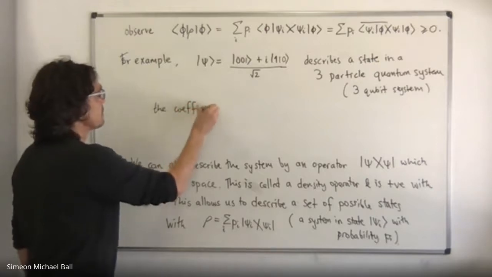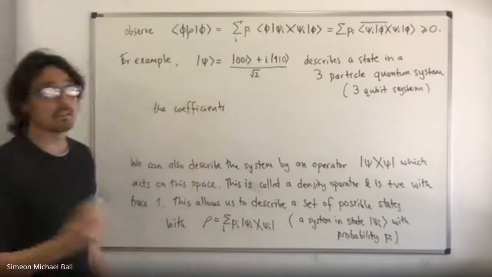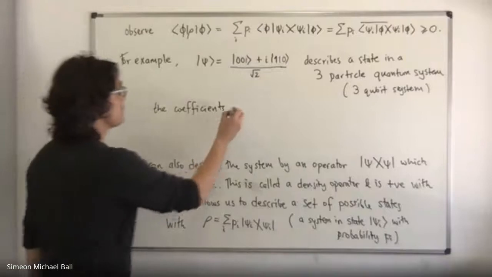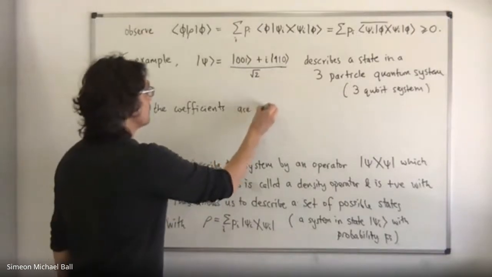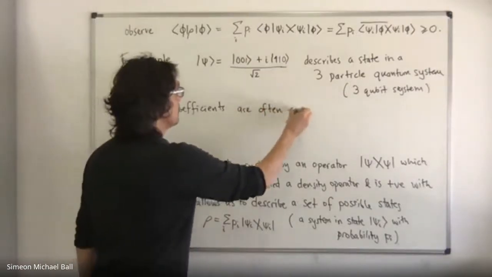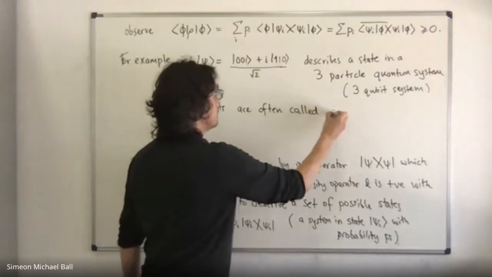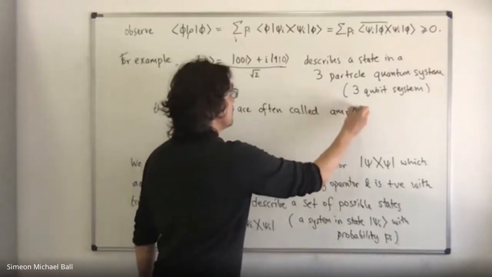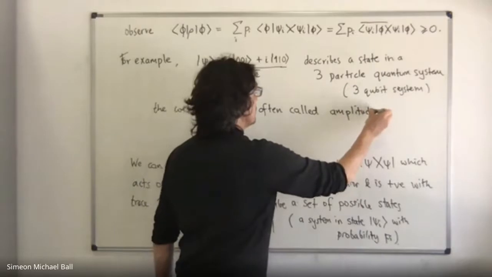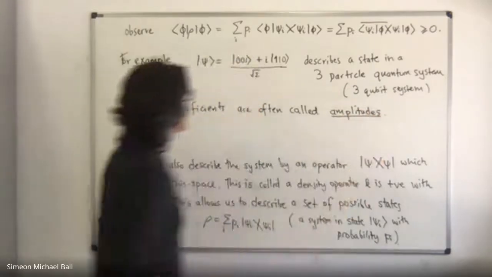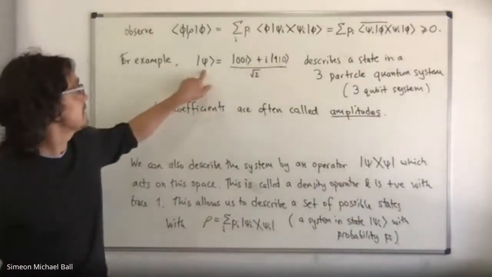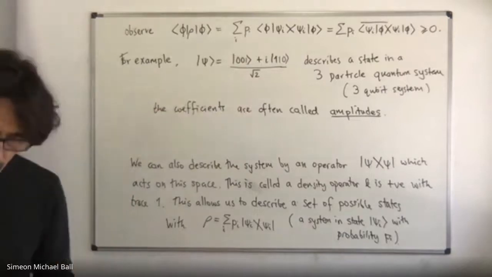I probably won't use that. I'm just telling you these things just in case you read them elsewhere. So they might say the amplitude, in this state, the amplitude of 0, 0, 1 is 1 over root 2.